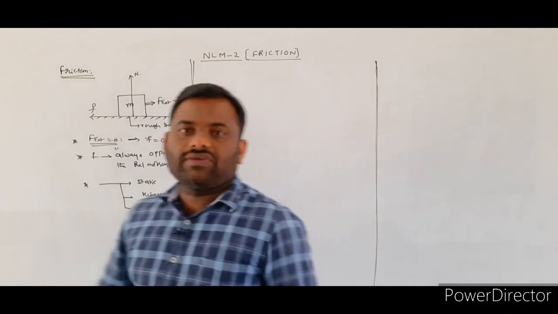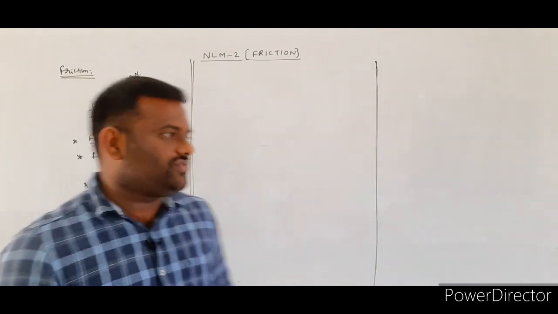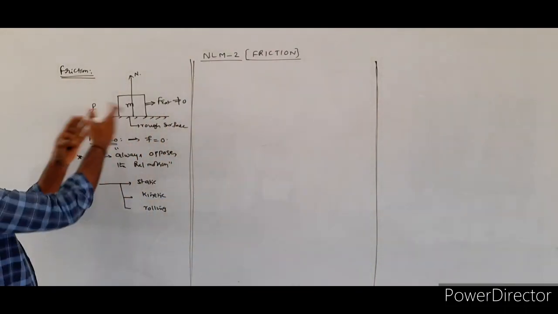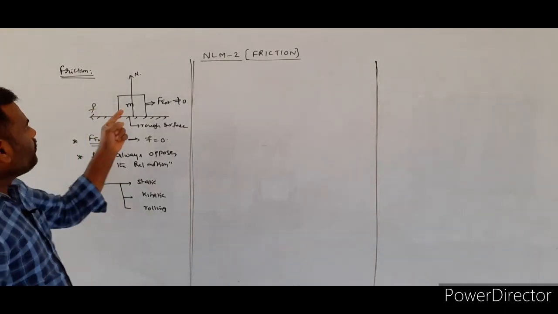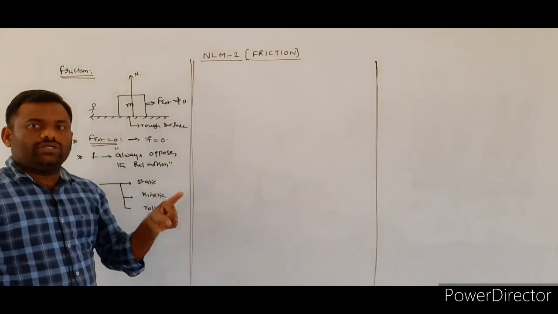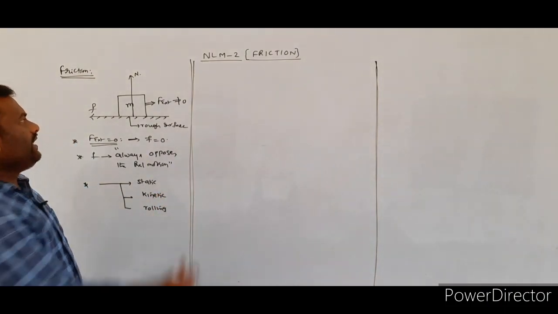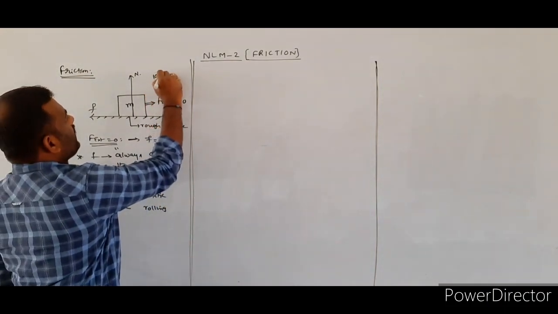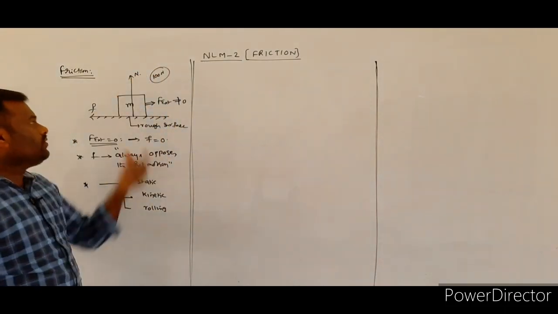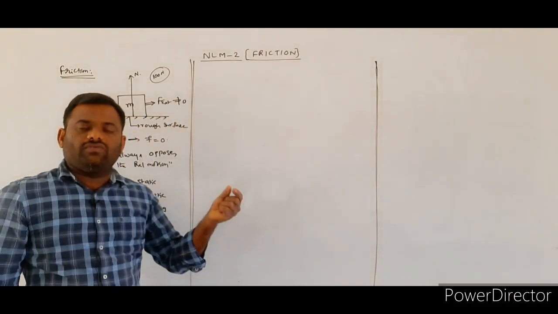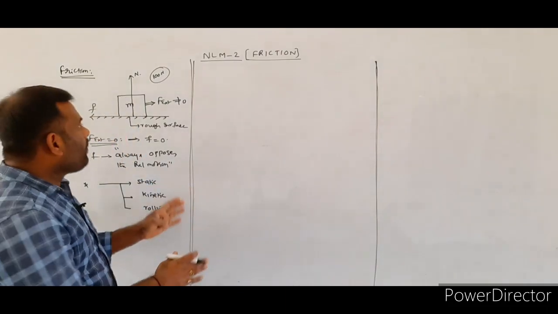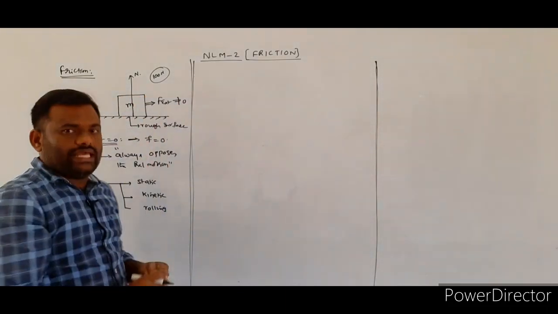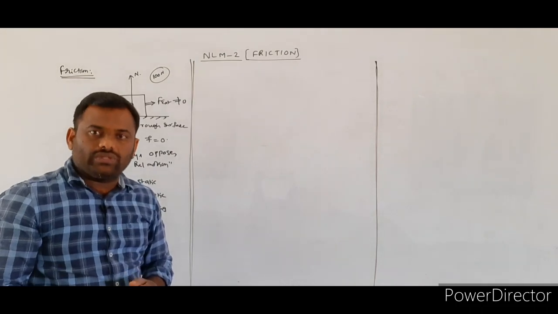When does the static friction exist? Suppose the block is placed on the given horizontal surface. To bring the object into motion, for example, 100 newtons is required. What am I saying here? To bring the block into motion, what amount of force is required? 100 newtons must be applied. Only when you apply 100 newtons of force will the block come into motion.